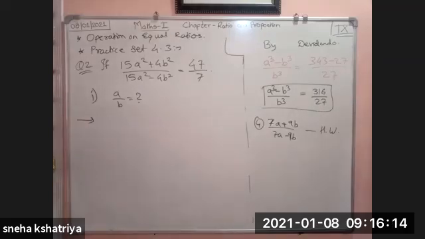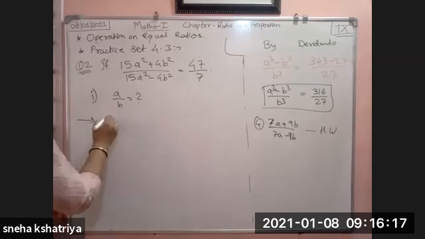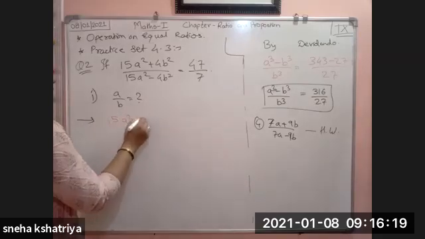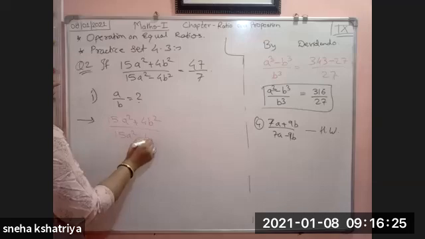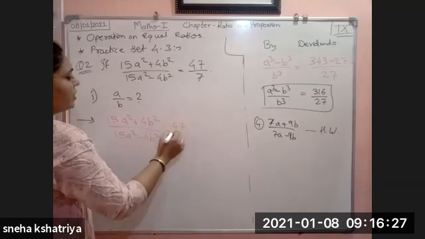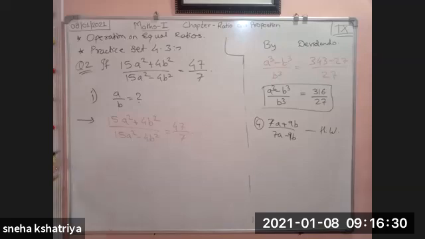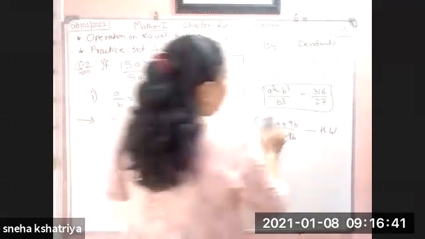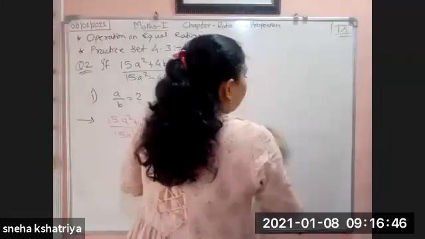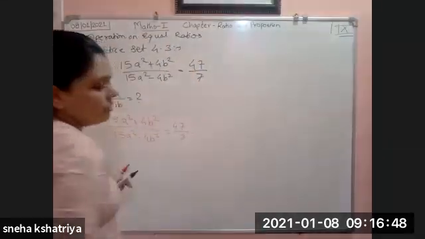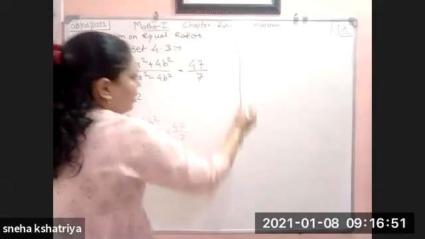So how are we going to find it out? First, write down the given: 15a square plus 4b square divided by 15a square minus 4b square is equal to 47 upon 7. In the first example we were given the values of a and b, and we found the values of expressions using operations on ratios.